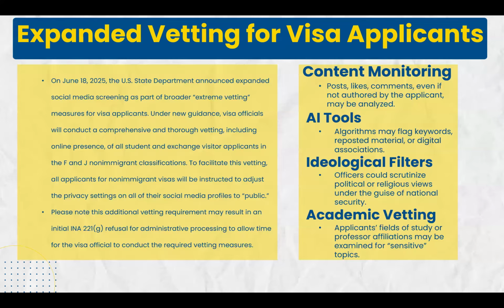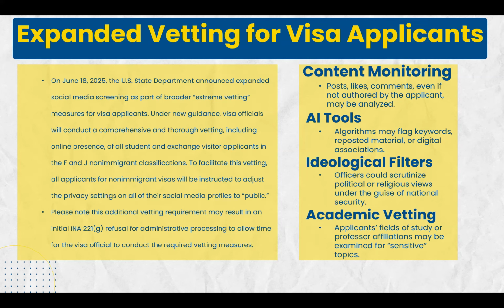So when they're reviewing that, they're looking at content. So basically looking at posts like comments or even things authorized by the applicant that may be analyzed. They're using some AI tools possibly. So they're using algorithms that may flag keywords, reposted material, or digital associations that you have online. Also, they might be using some ideological filters.